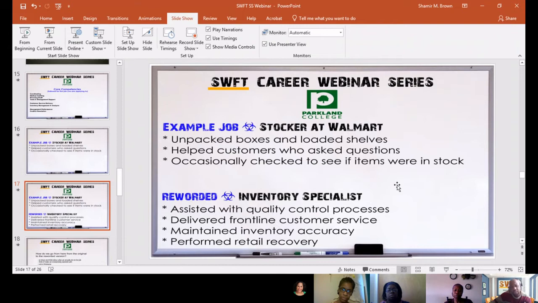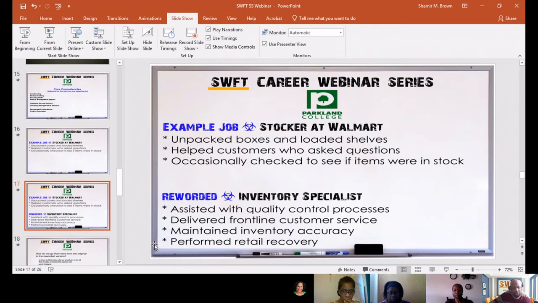So this is an example of how you can look at a job, very easily make it generic sounding, word it in a way that doesn't sound like there's anything to it, skills that are of no great value. And then someone looking at your resume may think the very same thing. However, when you reword it, they look and they say, oh, okay, this person can do this, they can do that.